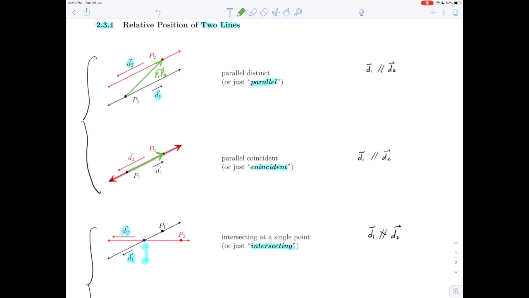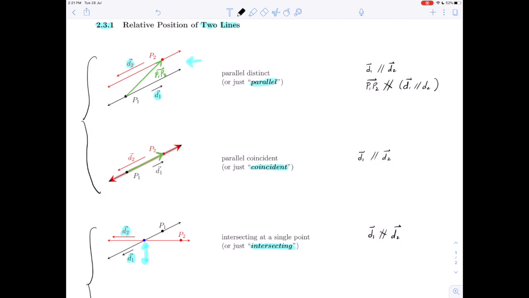So if we look here, in the parallel case, P1P2 is not parallel to the other two vectors. So if I note that down, P1P2 is not parallel to D1, which is parallel to D2.